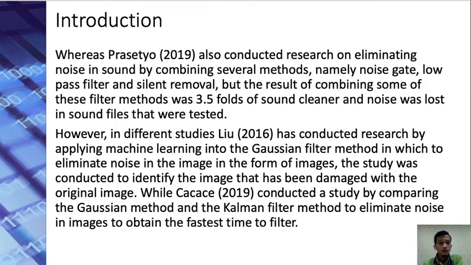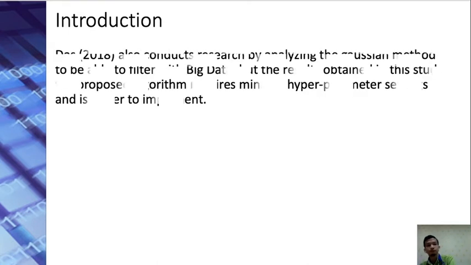However, in a different study, Liu has conducted research by applying machine learning into the Gaussian filter method, in order to eliminate noise in the form of an image. The study was conducted to identify the image that has been damaged with the original image, while Chachache conducted a study by comparing the Gaussian method and the Kalman filter method to eliminate noise in the image to obtain a faster time to filter.